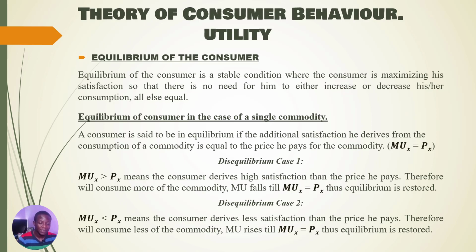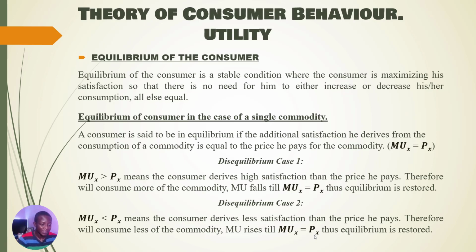Since quantity demanded is inversely related to marginal utility, as you consume less and less, your marginal utility will begin to increase. As it increases, the marginal utility moves back and equates to the price of that commodity, and equilibrium is also restored.